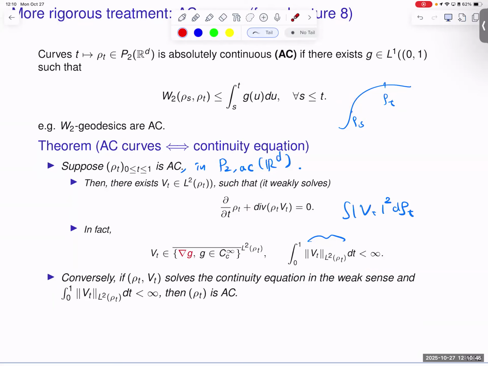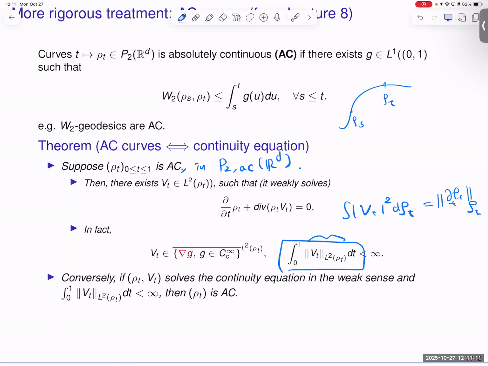And then we learned this corresponds to the norm of the velocity. If you integrate that norm of the velocity along time, this should correspond to the arc length of the curve.